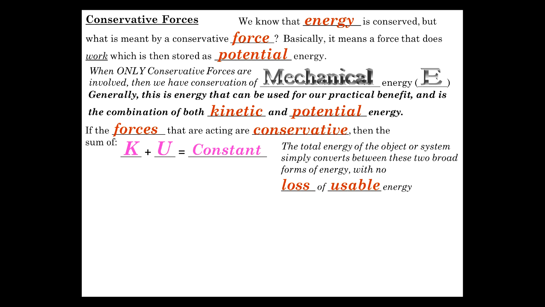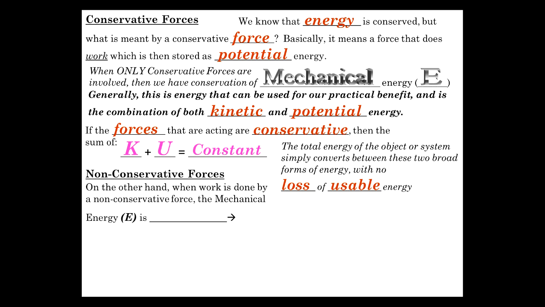So there's no loss of usable energy. In other words, typically, energy eventually converts to heat in most practical situations, and once it converts to heat, it can't be converted back to its original form.